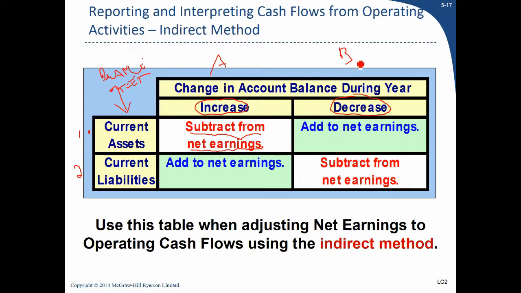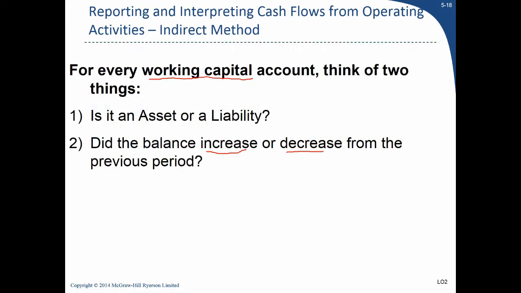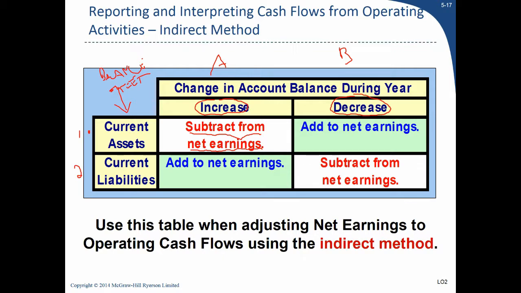Okay, there's only 4 possible cases. You can be 1A, 1B, 2A, 2B. So for every account, you have to iterate this process, right? You have to say, all right, is this an asset or liability? Did it increase or decrease? Which case am I in? 1A, 1B, 2A, 2B? And then that'll tell you whether you subtract or add to net earnings.